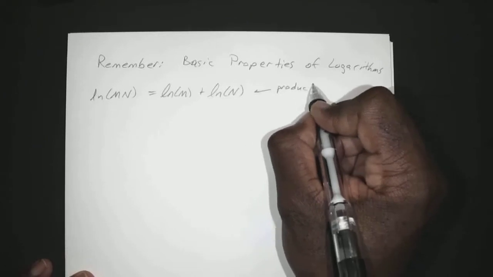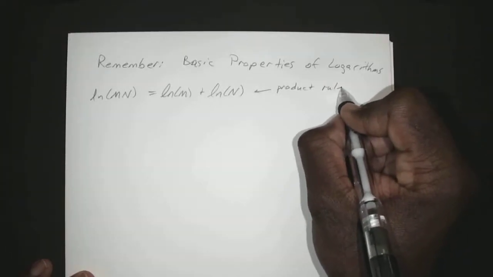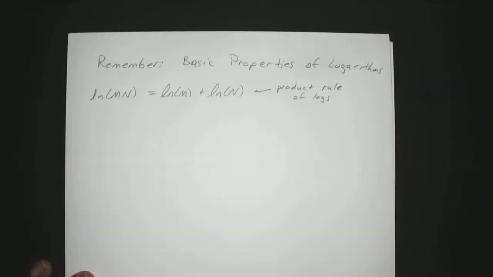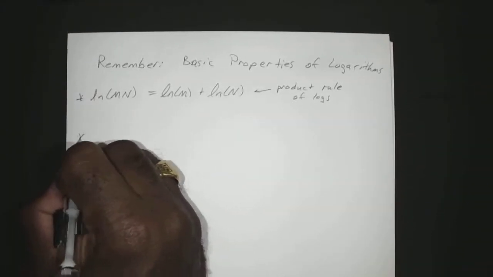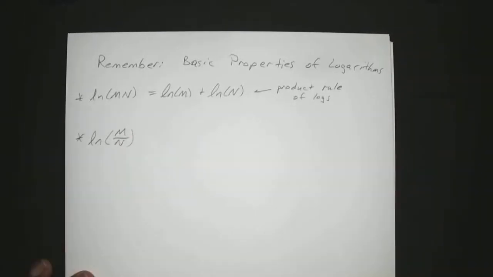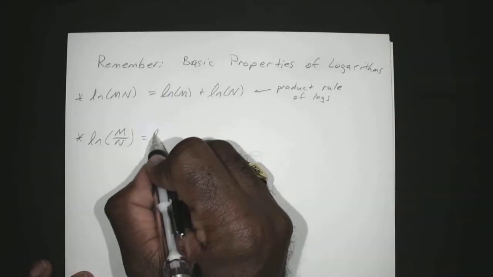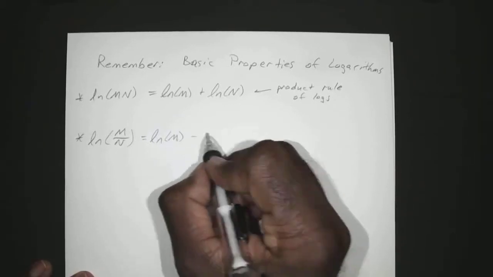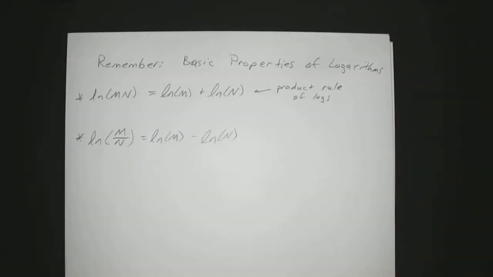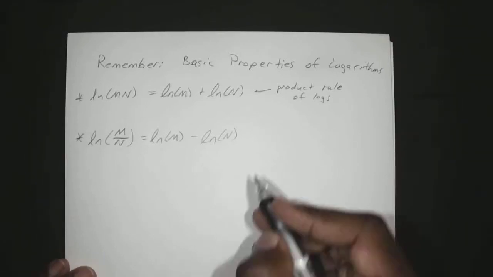That's the product rule of logarithms. Now if you have the natural log of m divided by n, that's going to equal the natural log of m minus the natural log of n, which is the quotient rule of logarithms.